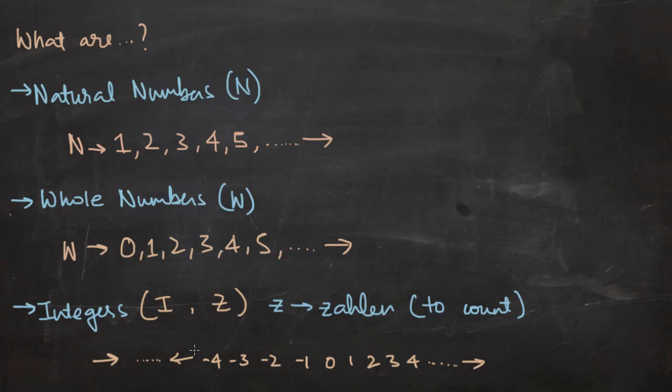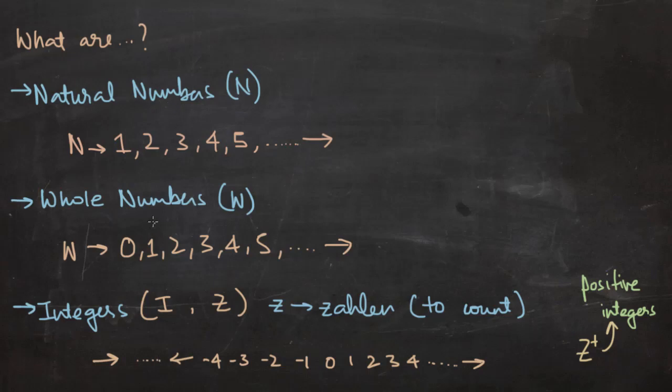All these numbers make up the set of integers. We sometimes use the notation Z plus to denote positive integers. I've come across these a couple of times in my higher classes as well.